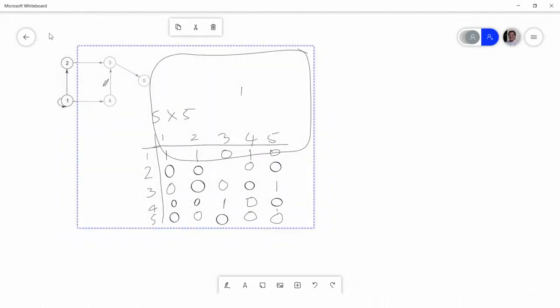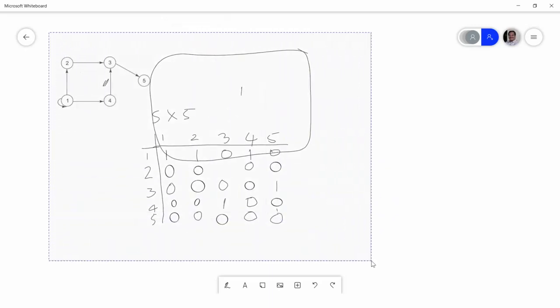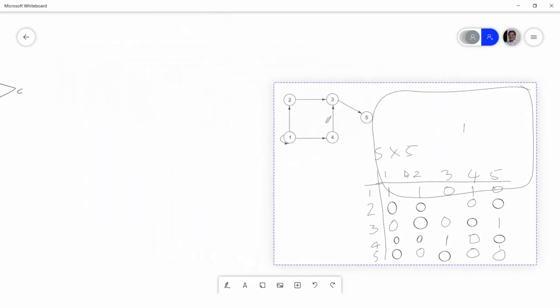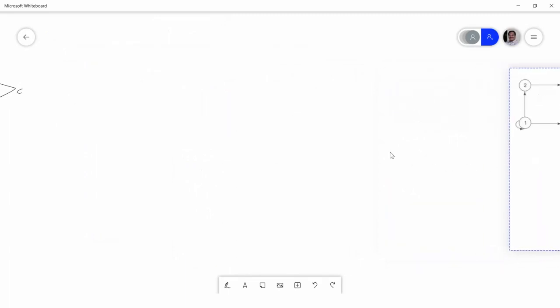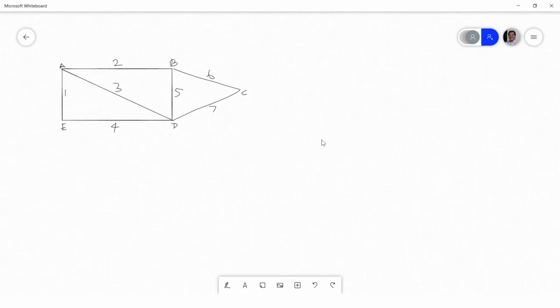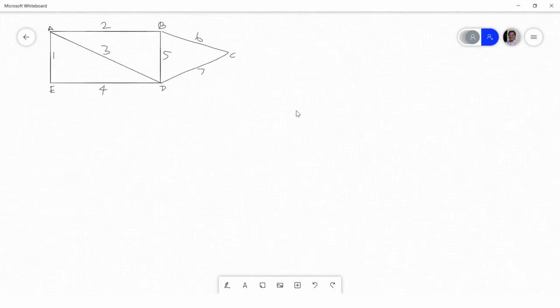I'll select everything and put it a little to this side. Okay, I have the space now. Observe.